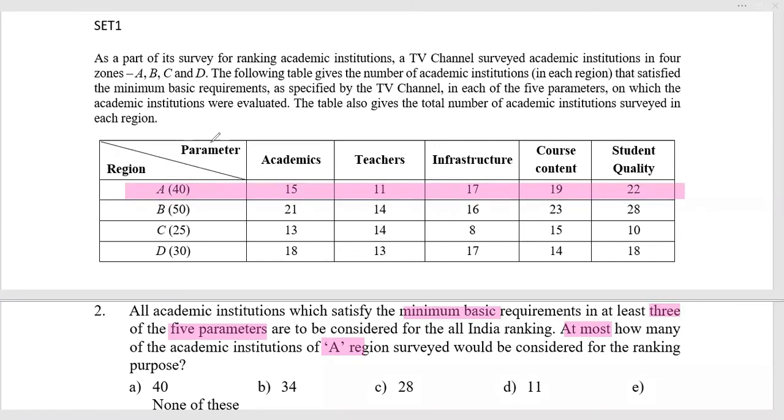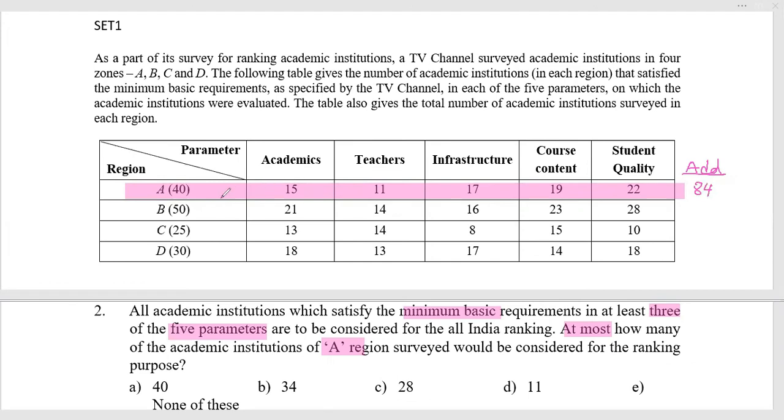Now in region A, I will consider that 40 students are sitting there, those who are region A students. Out of that, 15 received academic chocolate, 11 received teachers chocolate, infrastructure chocolate is 17. In this way all these are given, and the sum of them is coming as 84.